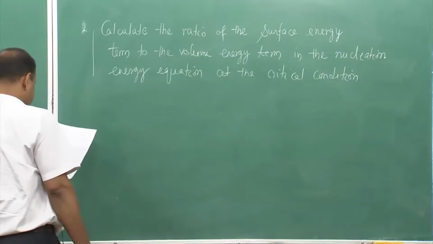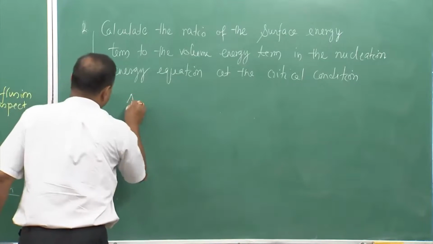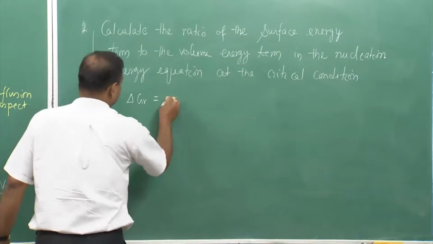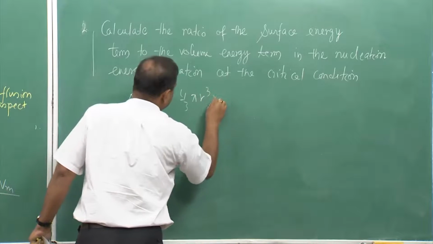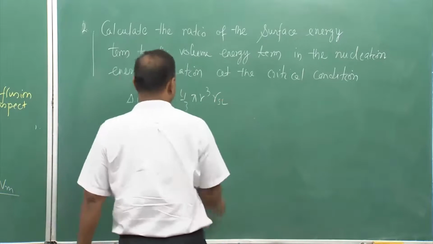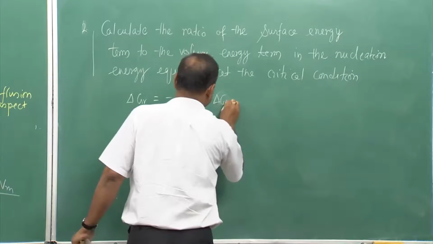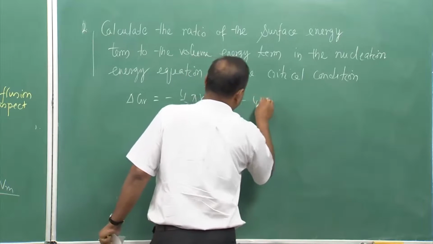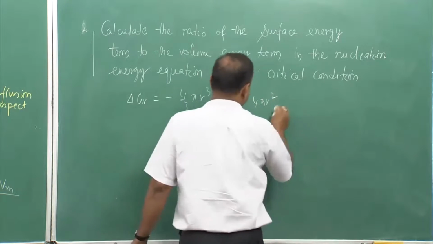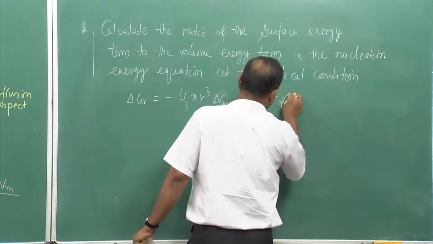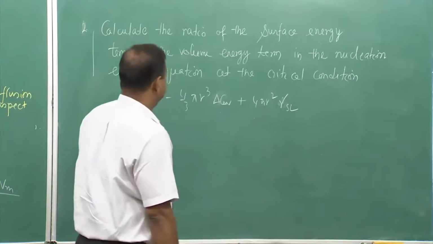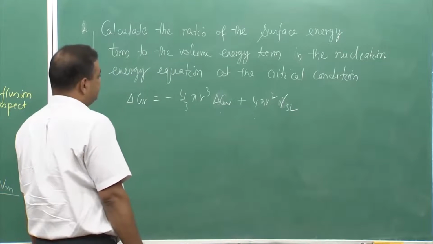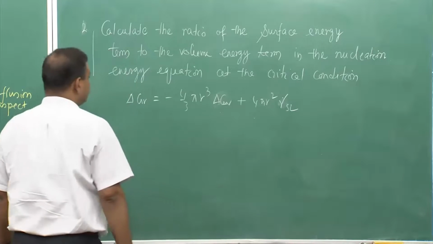Now, I can write this delta G R term, which is 4 pi R cube delta G V by 3 plus 4 pi R square gamma SL. Now, in this case, I need to find out the critical condition.